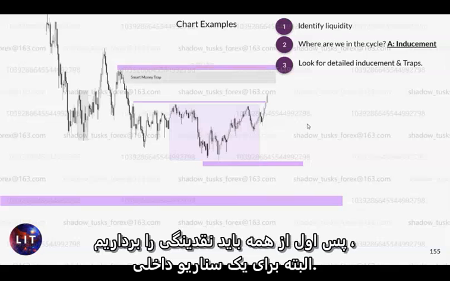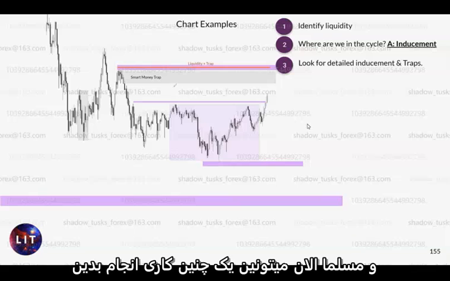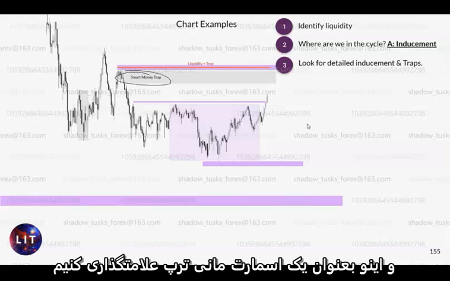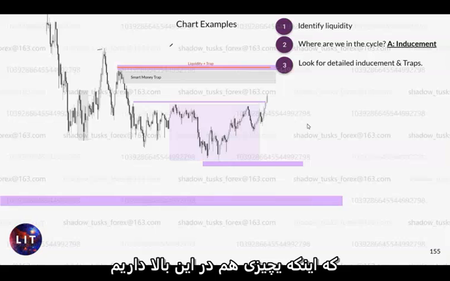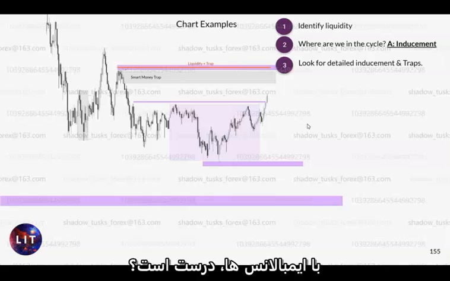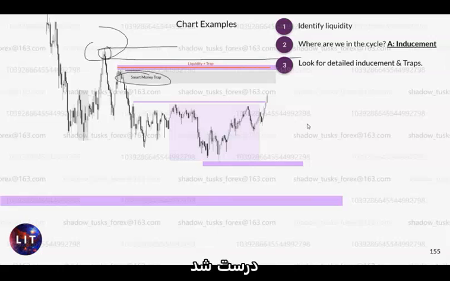So the first thing we need to do is grab liquidity for an internal play. And of course, we can already do something like this and mark this out as a smart money trap, as we have something above here as well, with the imbalances, right? There's a little bit of delay here, should be fine anyway.